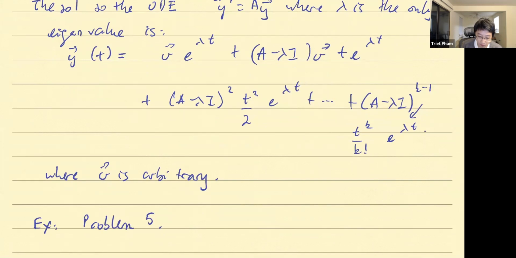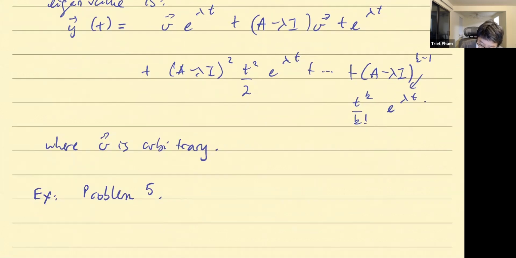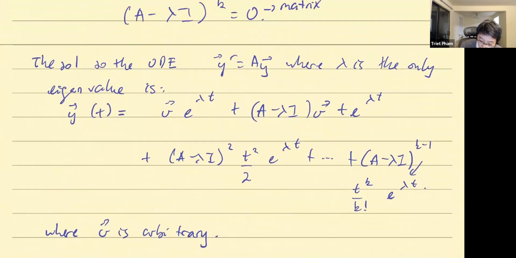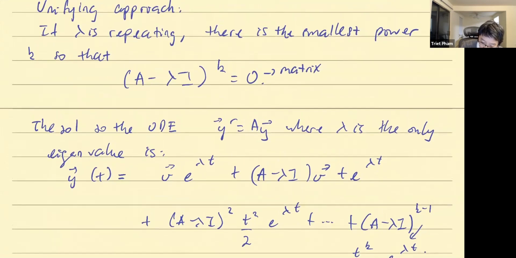Problem 5 says y prime is equal to the matrix minus 3, 0, 1, minus 3 times y. Lambda equals minus 3, so A minus lambda I is 0, 0, 1, 0. What I say is find the smallest power k so that (A minus lambda I) to the k equals 0.